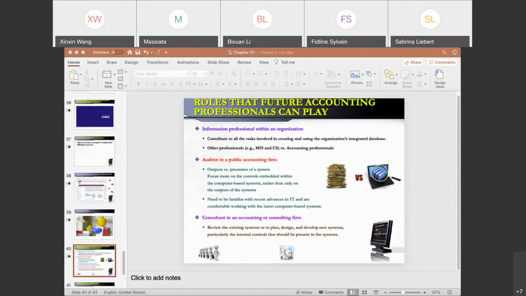I feel that the main difference between the accounting profession and other professions like computer science is that computer science looks at everything. It's very broad, versus accounting, where we have specific things that we have to look at, for example the financial stuff, the ledgers, everything surrounding that.